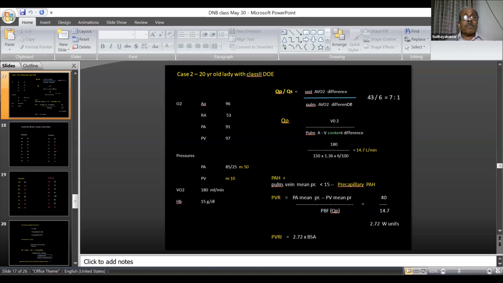Now, this patient has pulmonary arterial hypertension. Obvious. Now, the pulmonary arterial hypertension is pre-capillary because the post-capillary pulmonary venous pressure is normal. If this has been more than 15, you think of post-capillary also. So this is a pre-capillary pulmonary hypertension. Now you go for the PVR.